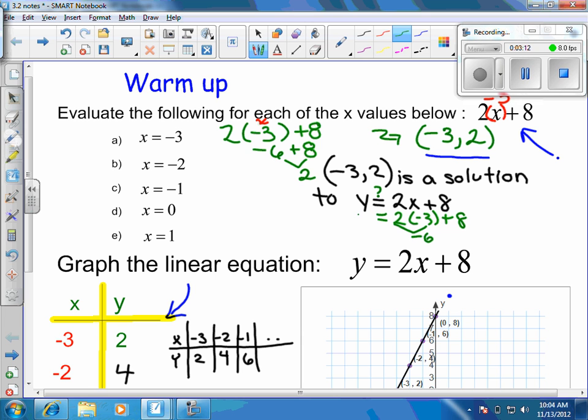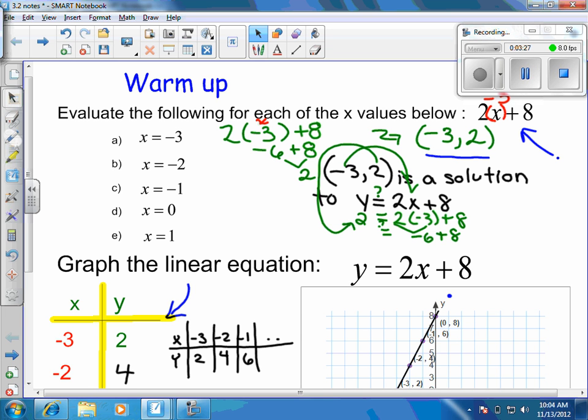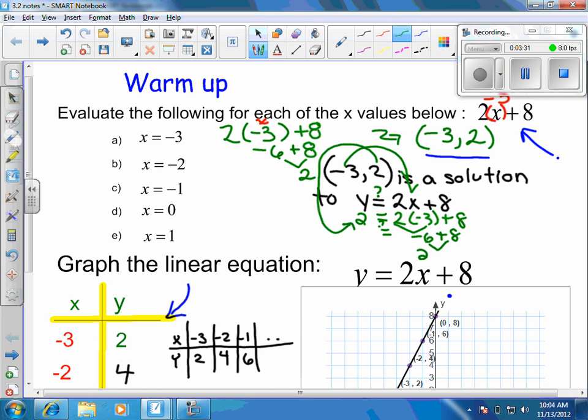You would take the y coordinate here and plug the x coordinate into here, and then you would see if you had a true statement. And in this case, since we worked to make this in the beginning work out, we know that that's a solution.